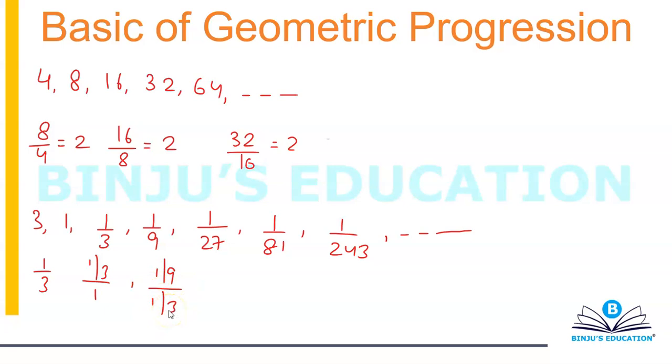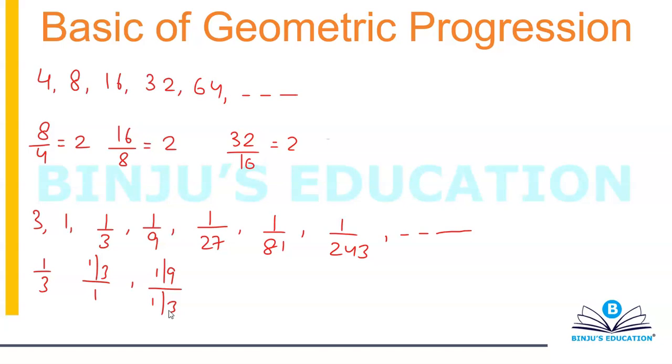Again, there is a common ratio between any two successive terms taken in the same order. So whenever there is a constant ratio between any two successive terms taken in the same order, the terms of the series are said to be in geometric progression.